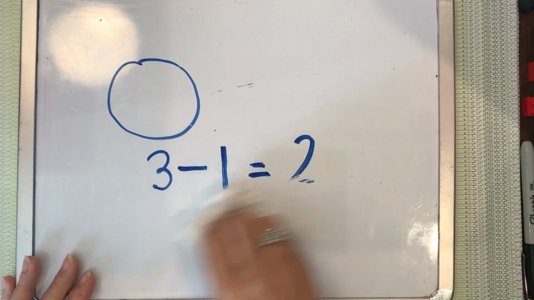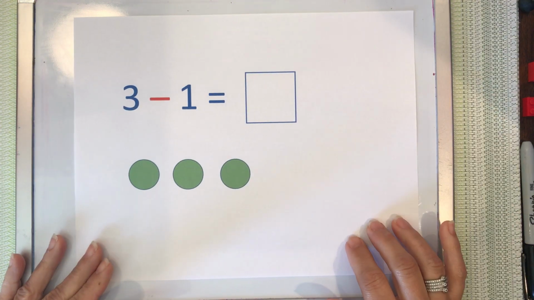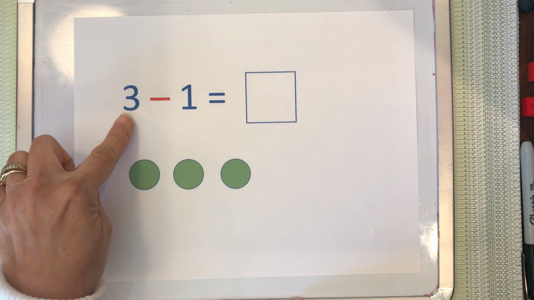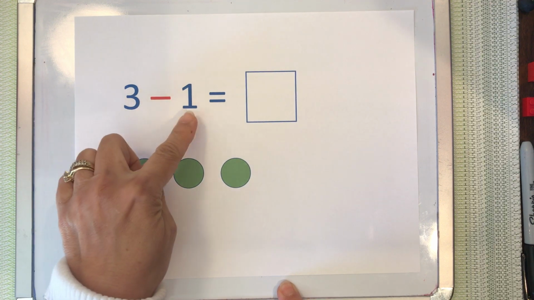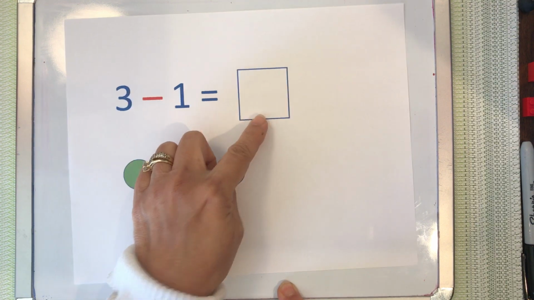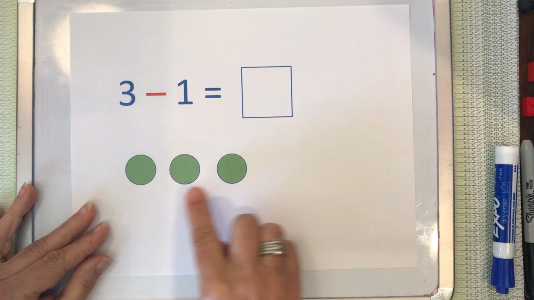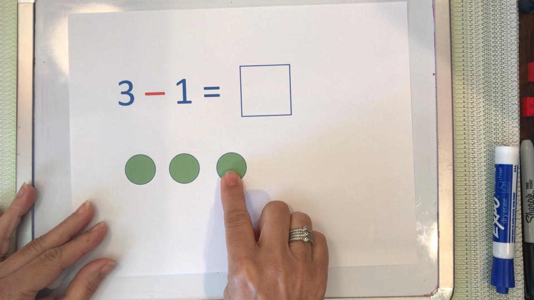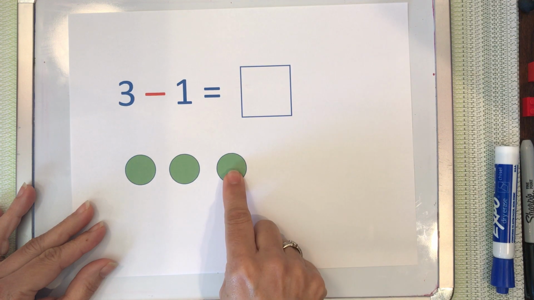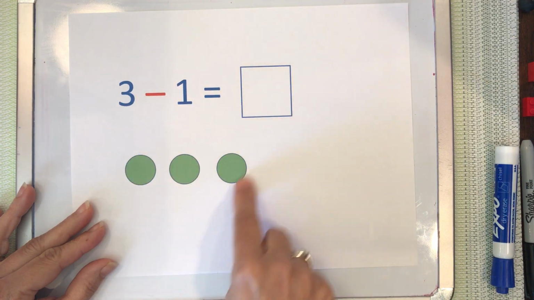So here are a couple problems that we can work together to do. So here's one, okay? It says 3 minus 1 equals what? So the first thing you want to do is draw a picture. So I went ahead and printed 3 circles so that we could see them. So 3 is what we start with.